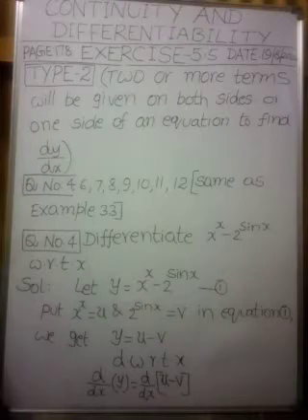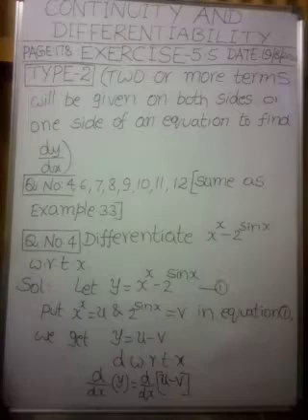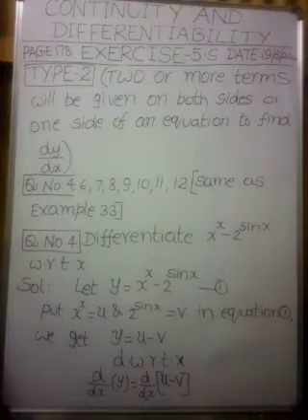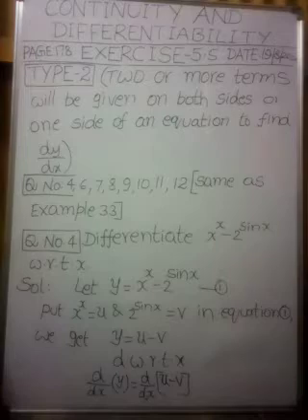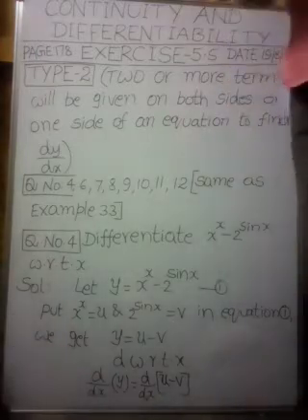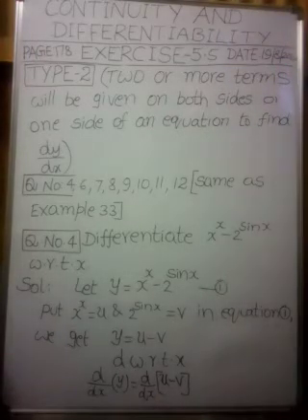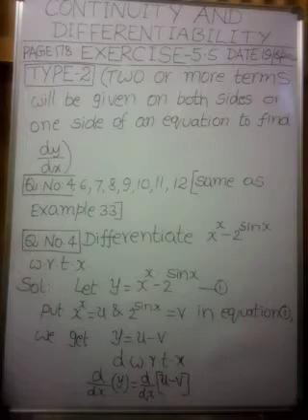Okay, my dear children, in the last class we discussed the first type of sums in finding the logarithmic differentiation, in which you get only one term on either side, either LHS or RHS.